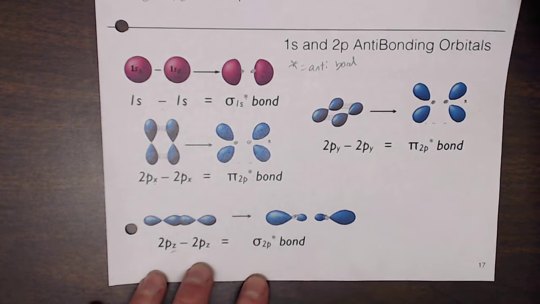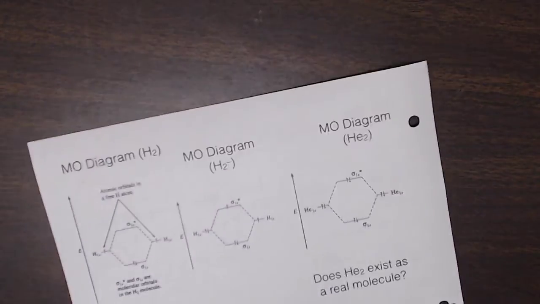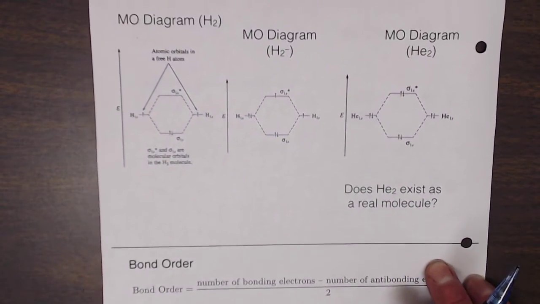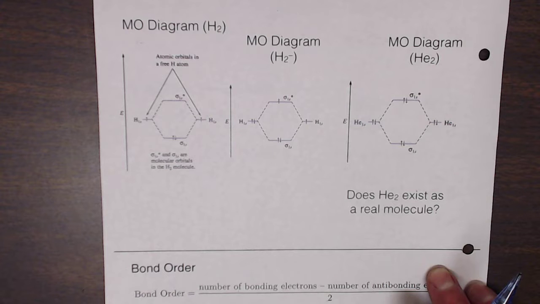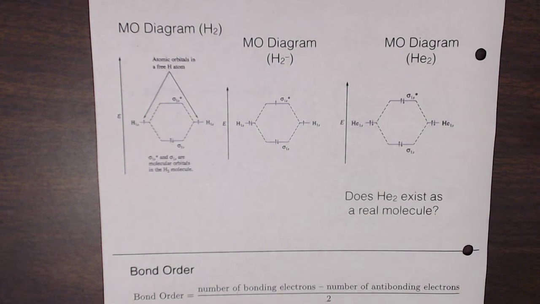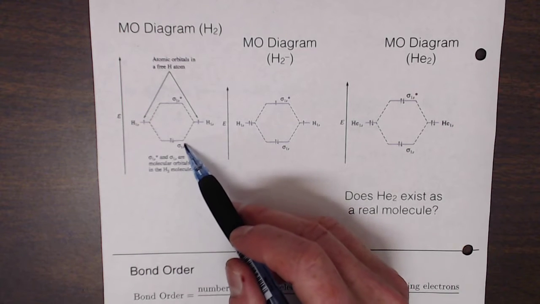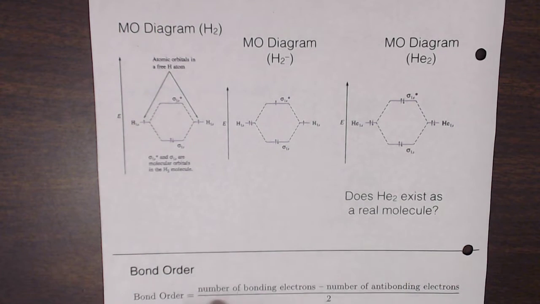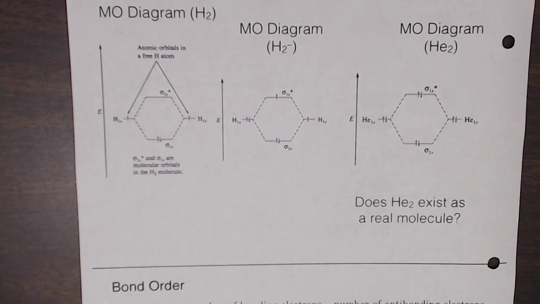Okay, so moving on. Now if we wish to start constructing our MO diagrams for our molecules and we want to build these up, we described the hydrogen already, and I'm going to zoom in on this for you guys here.